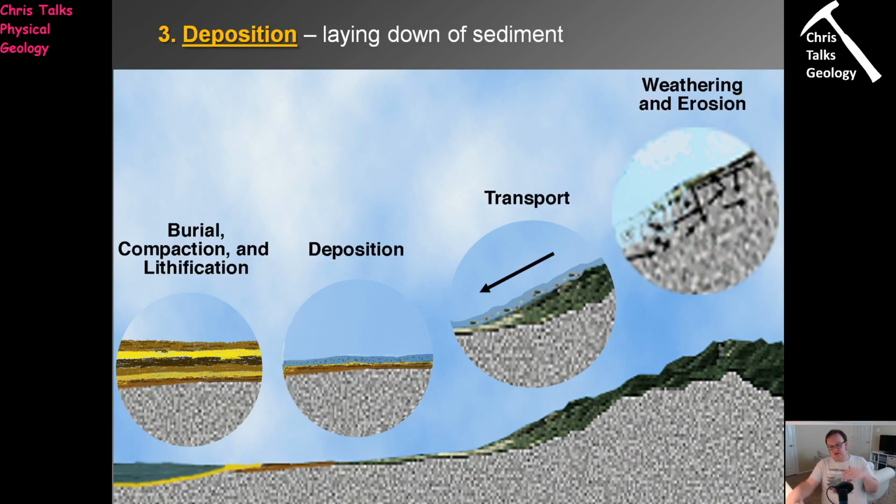In contrast, as the gradient begins to shallow and become very, very shallow, the velocity of your water begins to slow down. And this means that the energy of your transporting medium is getting lower. This means that your river will now no longer have the capacity to move the large, heavy clasts. So what does it do? It dumps them. It deposits them.